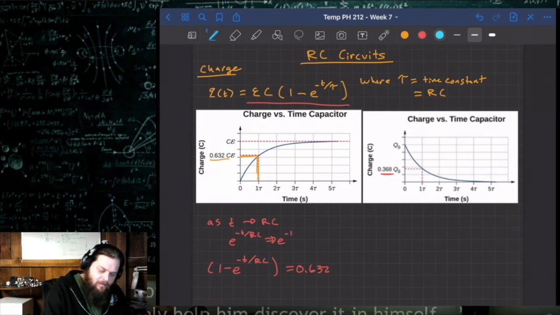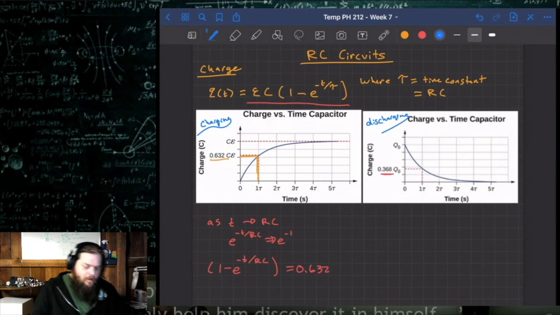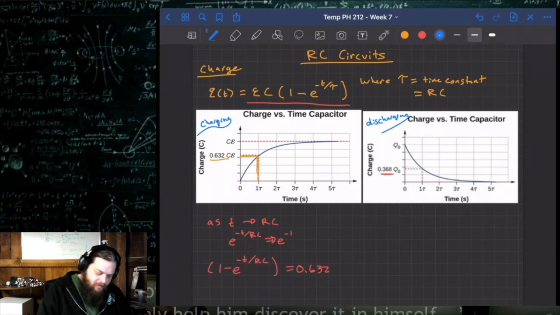Notice I can say this is charging and this is discharging. So that 1 over e value, if we subtract that from 1, we get this 63%.